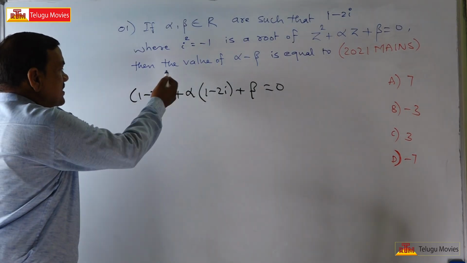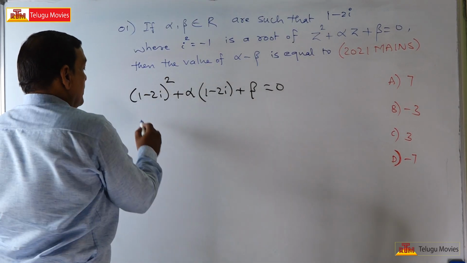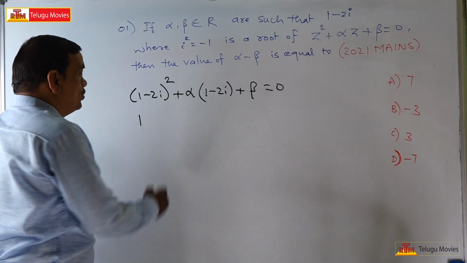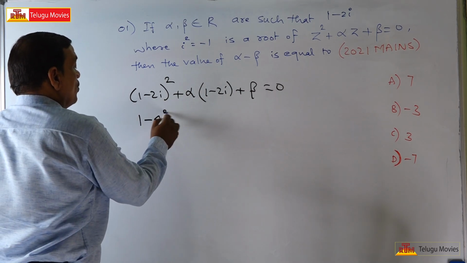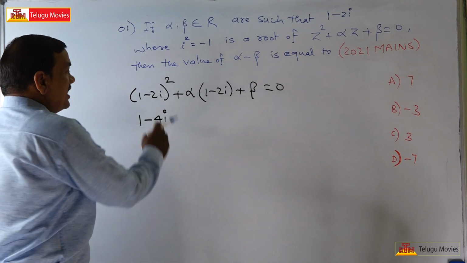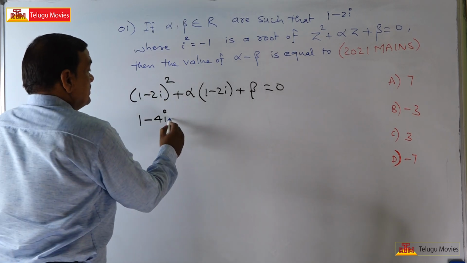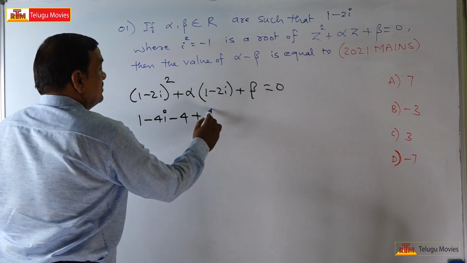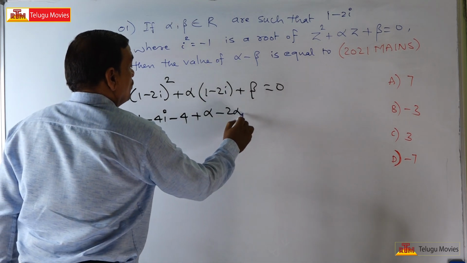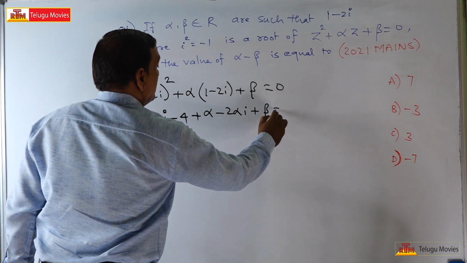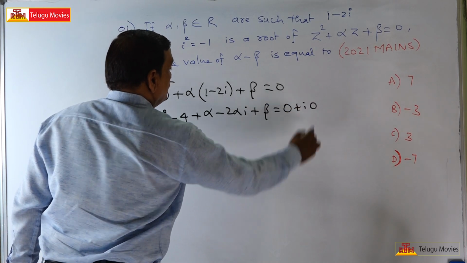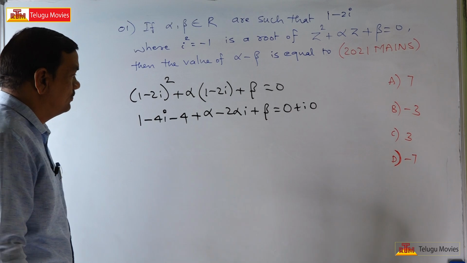This is (a minus b) whole squared: a squared minus 2ab, that means 4i, plus b squared, that means 4i squared. i squared means minus 1, that is minus 4, plus alpha minus 2 alpha i plus beta is equal to 0. 0 means 0 plus i into 0.